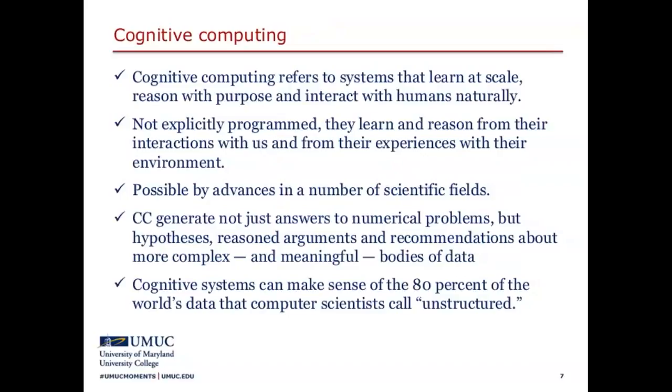Talking about cognitive computing, the problem which will be solved is not a numerical problem. The computer produces hypotheses, looks for evidence, weighs the supporting evidence, and recommends a conclusion with a certain level of confidence.